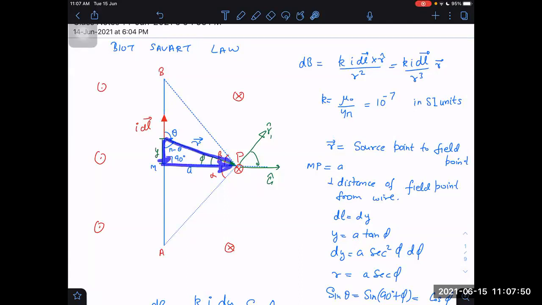So r will become just Y bar plus A bar, that is a along I cap plus y along minus j cap. And I can take the cross product between these. If I do that, then dl cross y will become 0 only. Why? dl is along j cap and y is along minus j cap. So this will become 0.